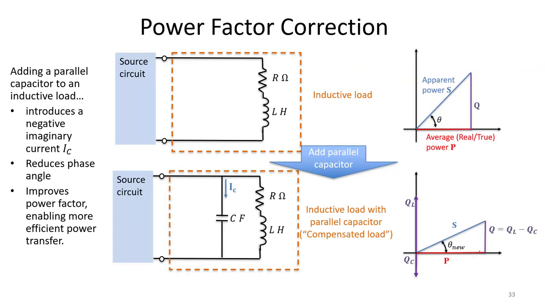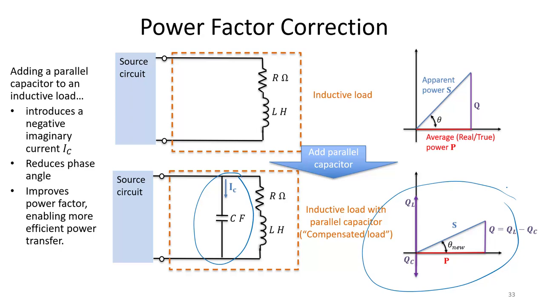All right, so now let's briefly take a closer look at that idea of correcting power factor. We mentioned a moment ago that if we have an inductive load, we can add a parallel capacitor to our inductive load. Notice this allows us to reduce the phase angle of our complex power and improve the power factor.